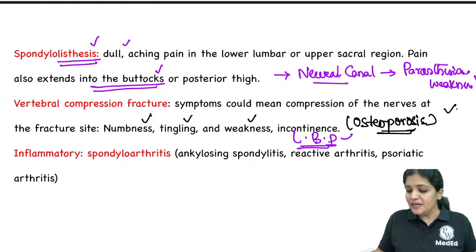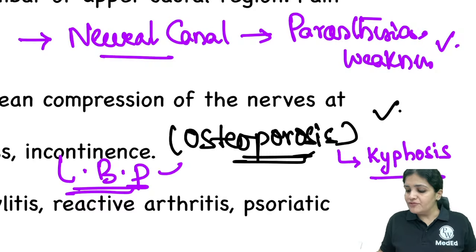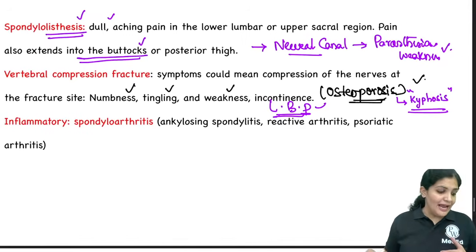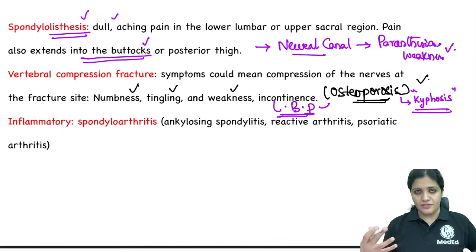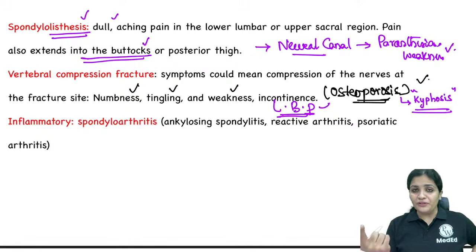Sometimes osteoporosis can be associated with kyphosis also. You have to look for the curve in a patient who presents with pain, and if the patient has any curve and tenderness over a particular vertebra, you have to go for an x-ray.